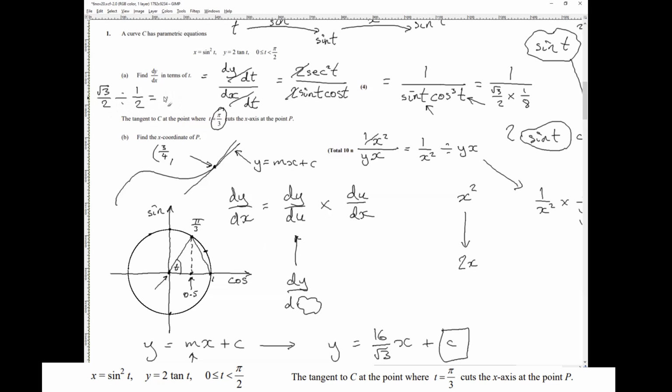√3. Okay, so 2√3/2. But that simplifies, doesn't it? I'm not sure how you simplify that.